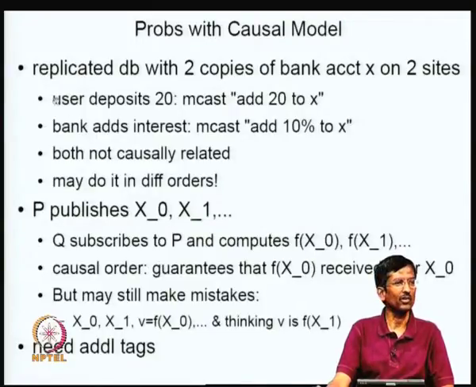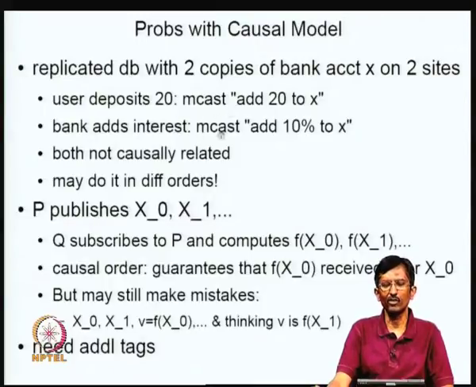So, this one user is doing this, but the bank independently, at some fixed point in time, can add interest every so often, and it says multicast add 10% to x. Notice that these 2 things are not causally related. The fact that I am depositing 20 is not connected with the bank adding interest, right. But what is our big problem?